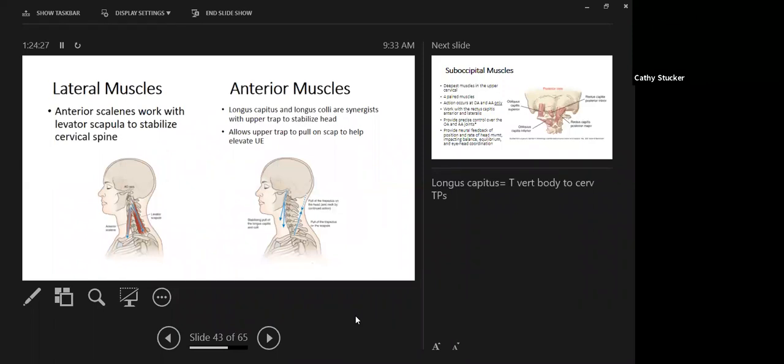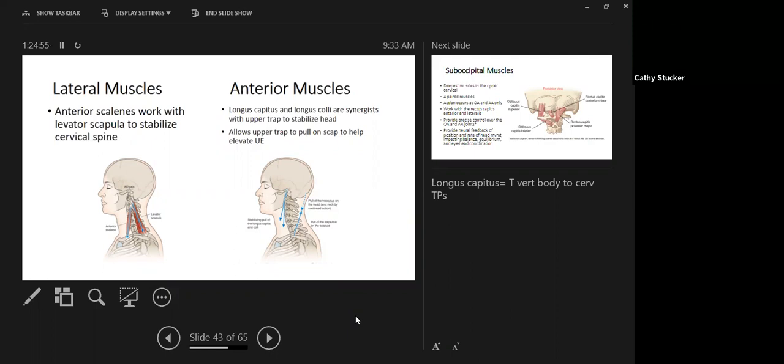The anterior scalenes also work with levator to stabilize the cervical spine. So they are acting from an anterior posterior orientation to the axis of motion. So if you have very tight anterior scalene, it's going to end up with a lengthened levator scapula. We want to have balance among these two muscles, anterior scalene and levator scapula.